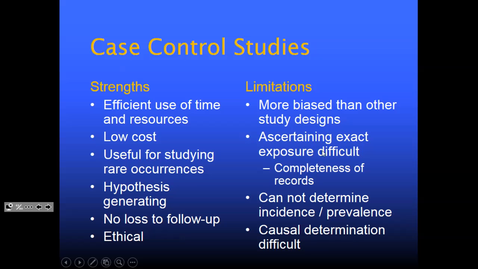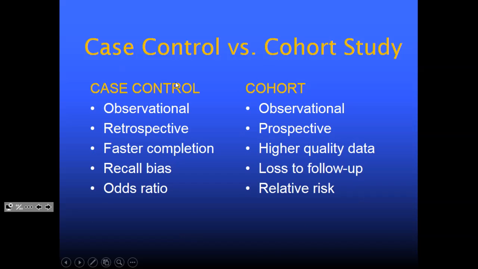Case control is more biased, one, because it's retrospective. Retrospective studies are more biased than prospective because you have less control over the influences. However, it's an efficient use. It's low cost, useful for studying rare occurrences, no loss to follow-up, and it's an ethical study design. So case control and cohort are observational. Cohort is prospective; case controls are retrospective.